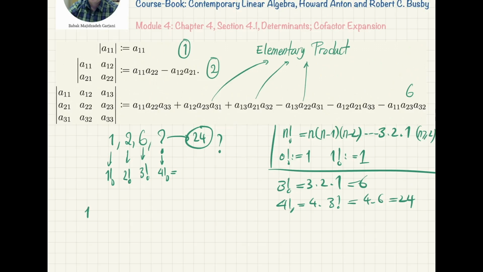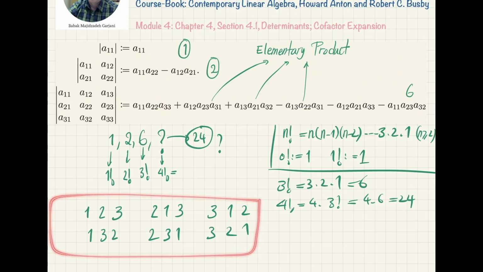They are 1, 2, 3, and then 1, 3, 2. Then 2, 1, 3, 2, 3, 1, 3, 1, 2, 3, 2, 1. So I have only 6 possible arrangements for 1, 2, and 3, and all of them actually appear as the second indices.